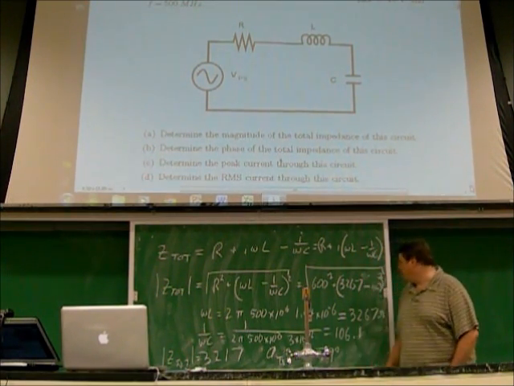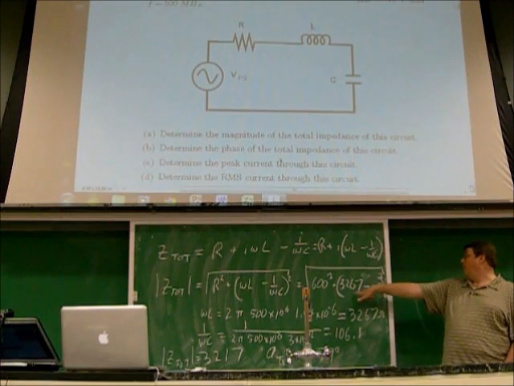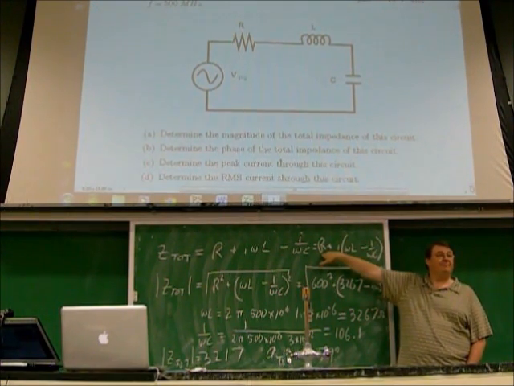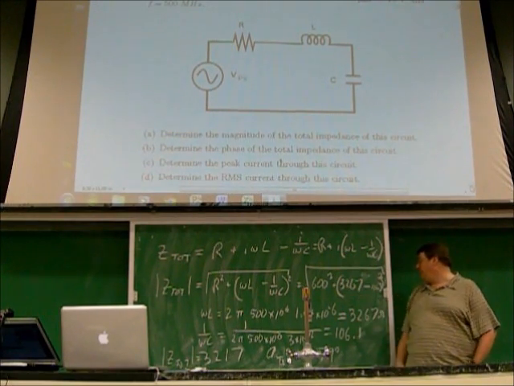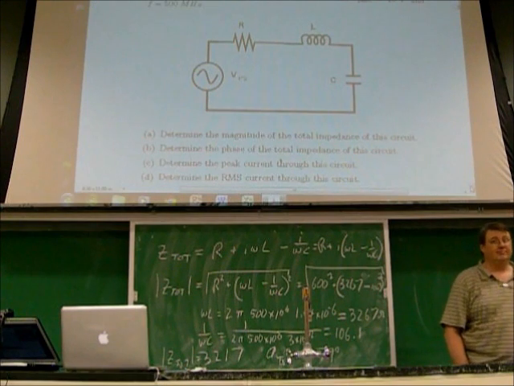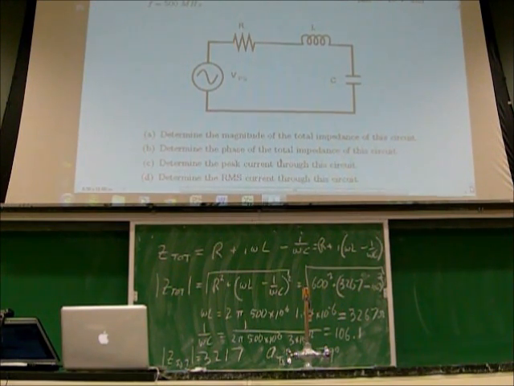You take the inverse tangent of B over A. So B is 3726 minus 106. That thing divided by 600, inverse tangent is 79 degrees.